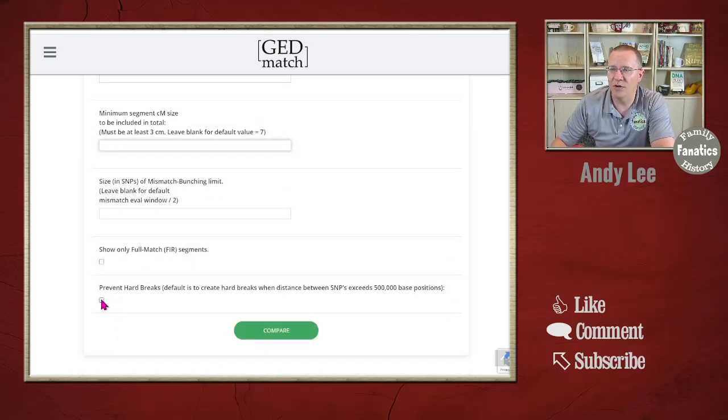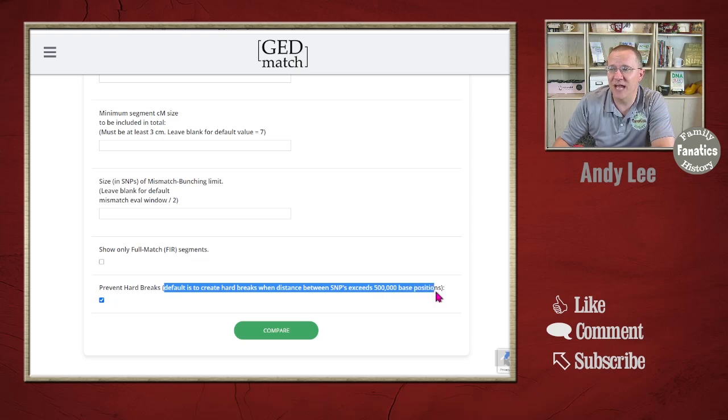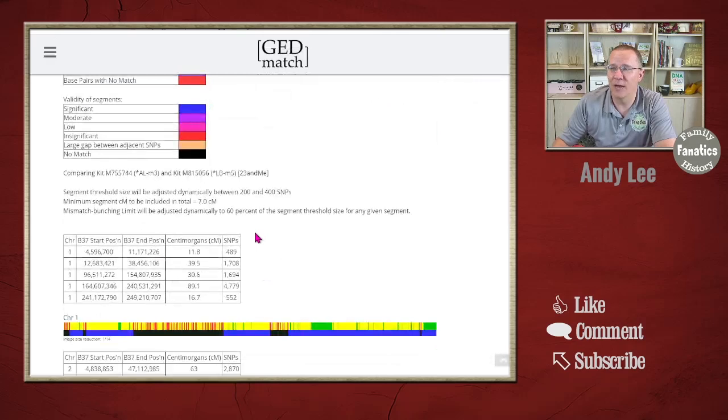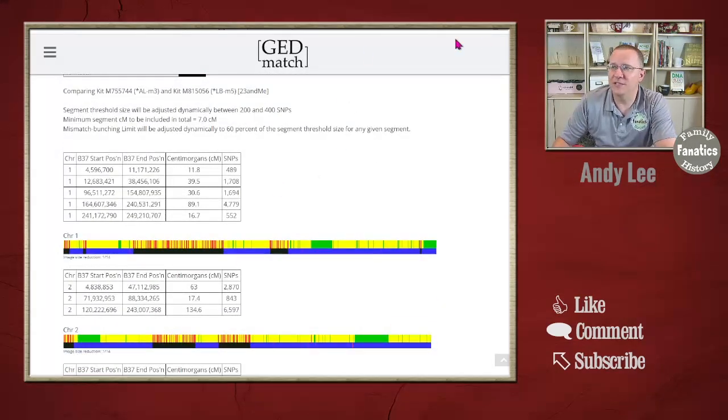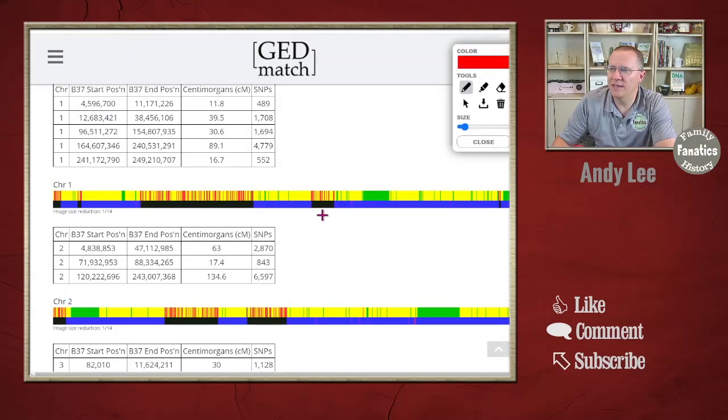And now what I'm going to do is click this bottom one here, prevent hard breaks. The default is to create a break when the distance between SNPs exceeds 500,000 base positions. As I look at this, one of the things you'll see is that orangish color that was here before is not there anymore.